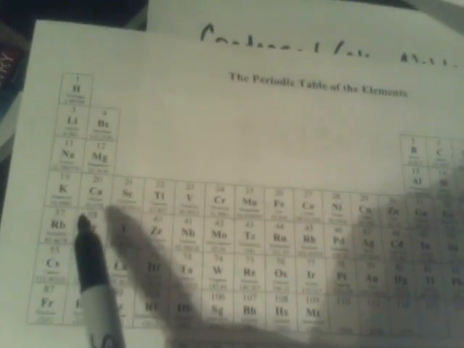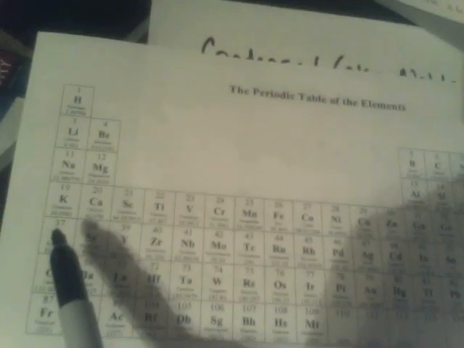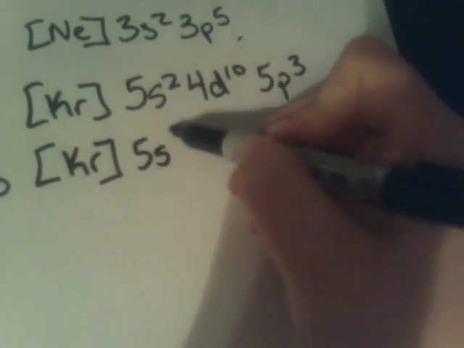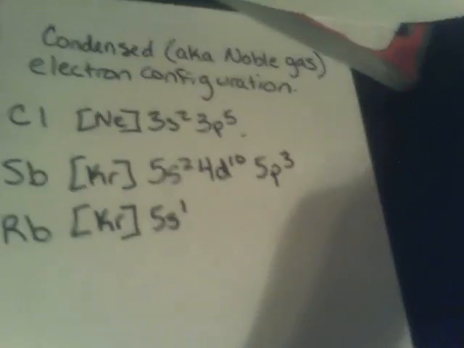So we're skipping ahead to krypton, right? And then we go to our next line. Since rubidium's right there, that's the end of it. So what is this electron? This is the 5s1.